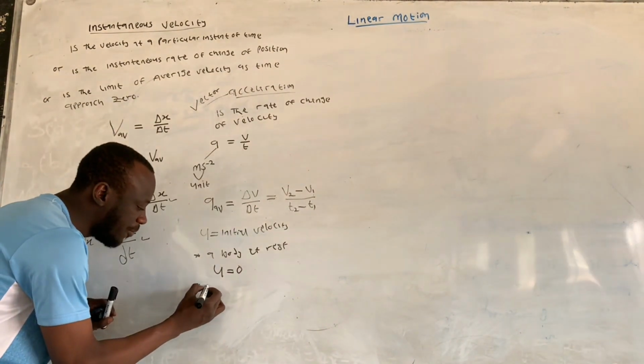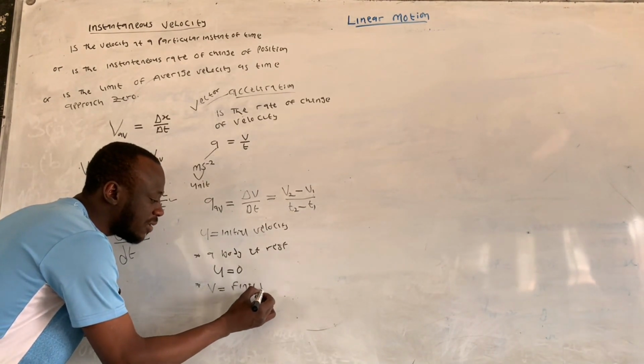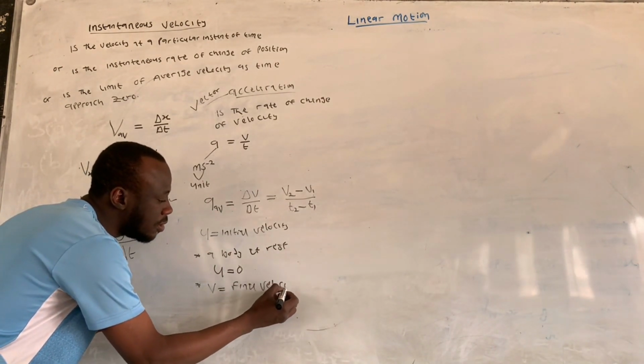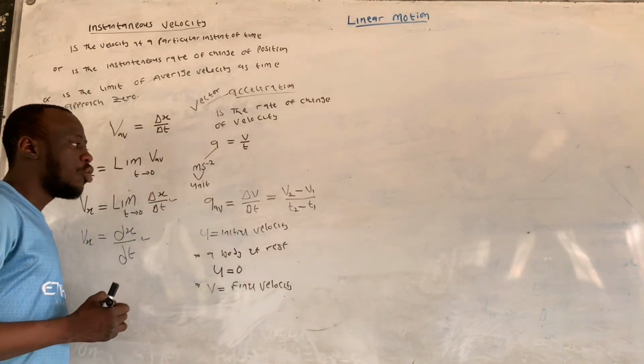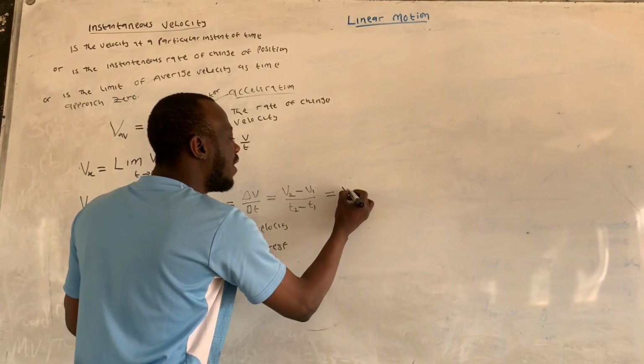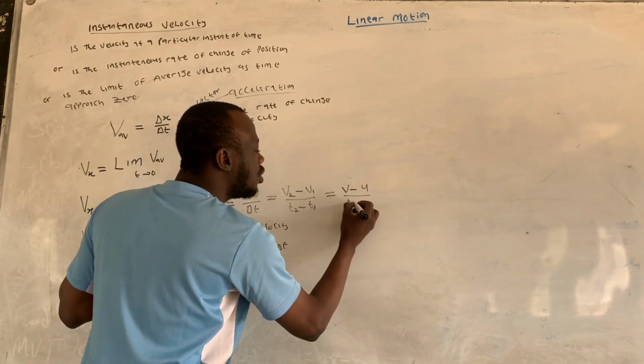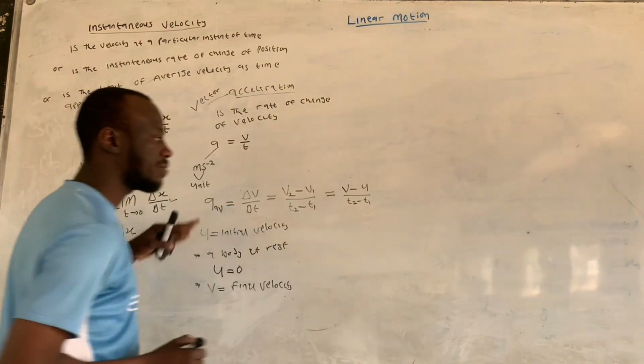Then we have v, called the final velocity, so we have v minus u over t2 minus t1.